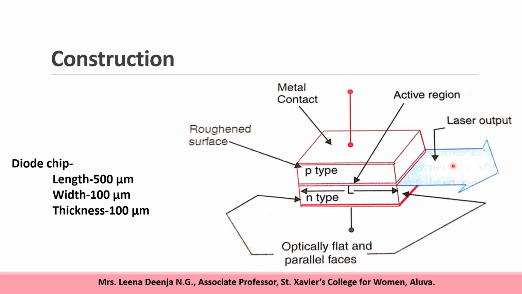A pair of parallel planes cleaved at two ends of the PN junction provides the required reflection from the cavity. Then we have two other sides, this side and the opposite side. They are roughened in order to eliminate the laser flow out of these two faces. The entire structure is packaged in a small case.